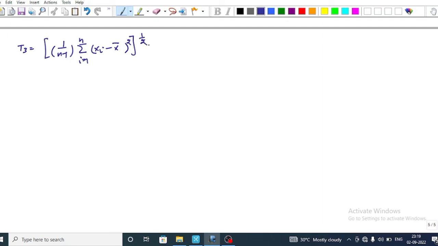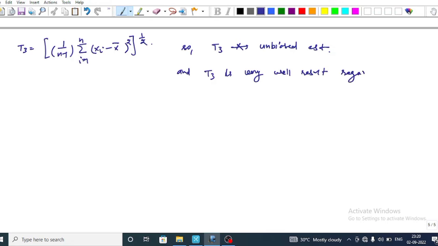This is again in square root, so T3 is not unbiased estimator, and T3 is, by the very well known result regarding consistent estimator, a consistent estimator for sigma.